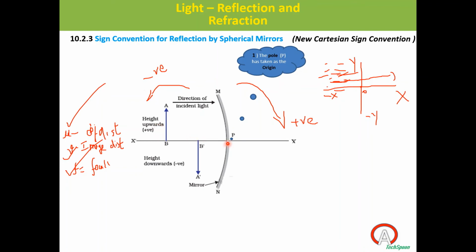Similarly, any measurement you take in the upper part, compared with the coordinate system, is positive. I'm asking all of you: positive, right? Similarly, any measurement in the downward direction, we will take as negative.